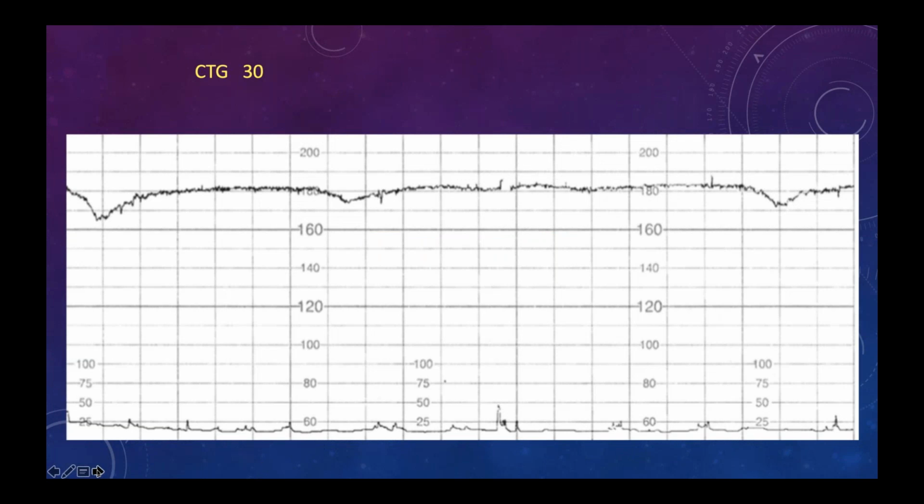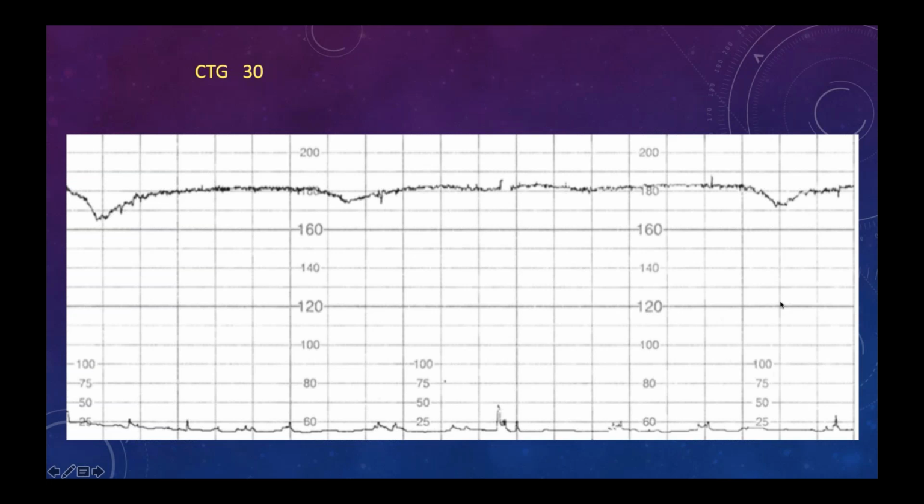Okay, who wants to do? Can I, ma'am? Yes. In this CTG, there are very few contractions, 1 or 2 very mild contractions, but the baseline heart rate is 180. There's no acceleration, but deceleration is there. I mean, is it called deceleration?